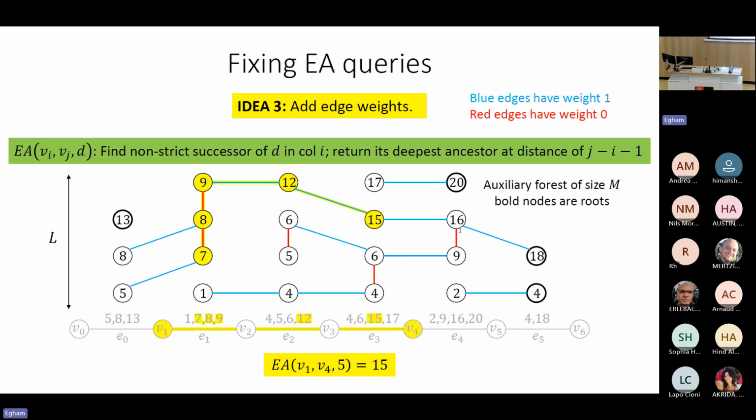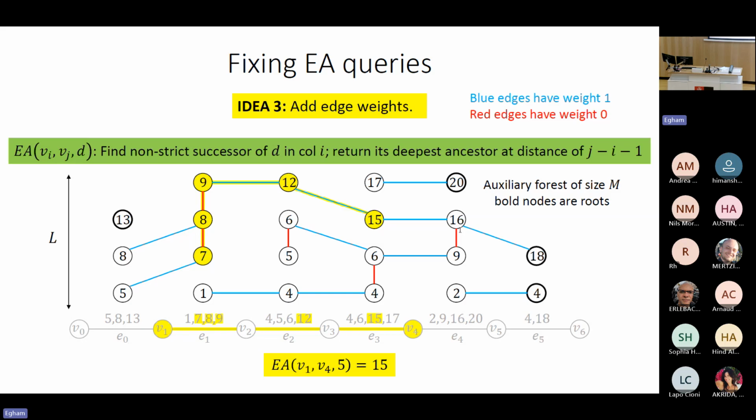Now, if we want to answer an earliest arrival query, again in this example, we want to know what is the earliest arrival time at V4 if we can depart at V2 at a time which is no earlier than 5. Then we find the non-strict successor of 5 in the first edge that we have to traverse, which is the column corresponding to E1. So the non-strict successor of 5 is again 7.